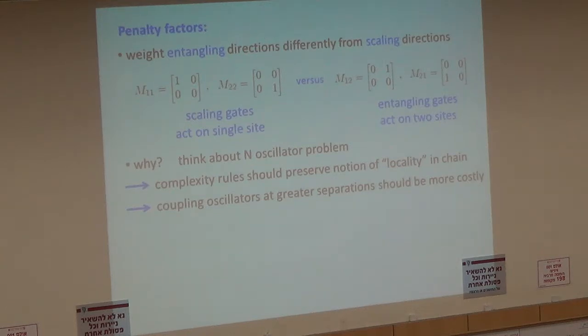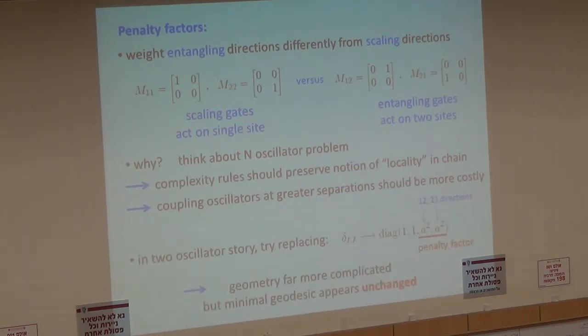I don't think that is really kosher with the physics that we know, which we think is relevant. So this is just a baby version of what happens when I introduce penalty factors. I'll replace my delta ij by something that gives an extra weight to the entangling operators.